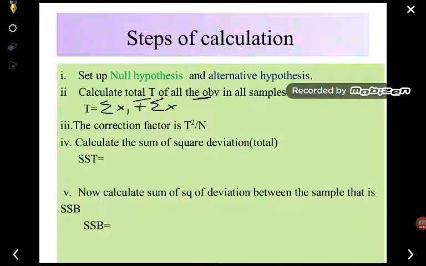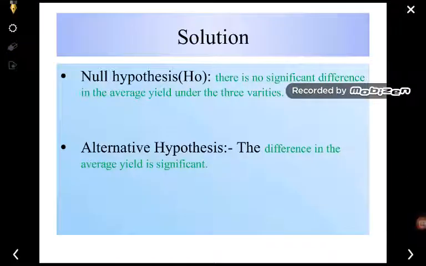The null hypothesis, represented by H0, shows there is no significant difference in the average yield under the three varieties, and the alternative hypothesis is just the opposite: the difference in average yield is significant.